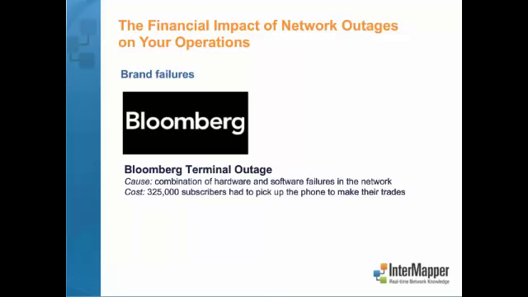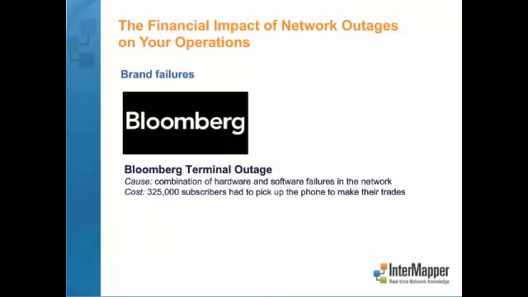So think about the fact that there's about 325,000 Bloomberg users worldwide. You can do the math. $2,000 a user. That's a lot of money provided to Bloomberg. So for them to have that kind of outage, that kind of failure in their product and their services, that's also a big impact to their business.